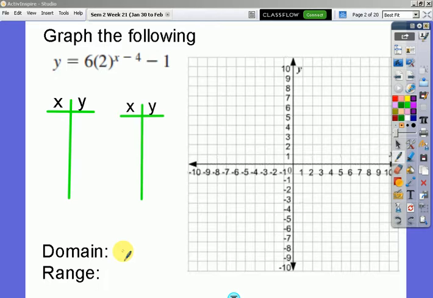It stretches it. It's a vertical stretch by a factor of 6. So the very first thing that we need to note is the vertical stretch. So if I were to give you this on a quiz, you would say this is a vertical stretch by a factor of 6.